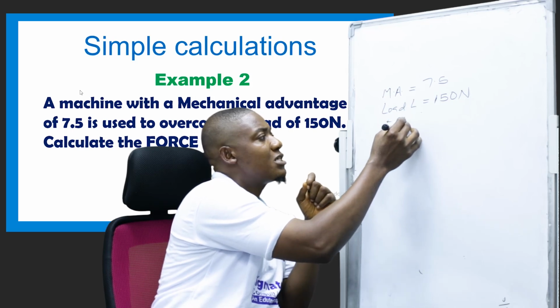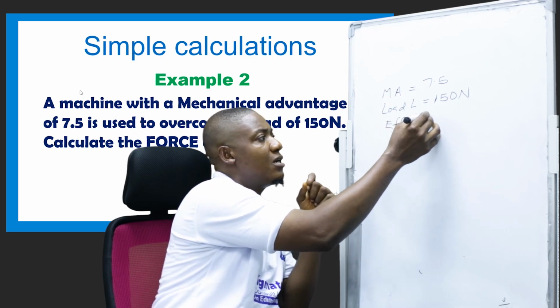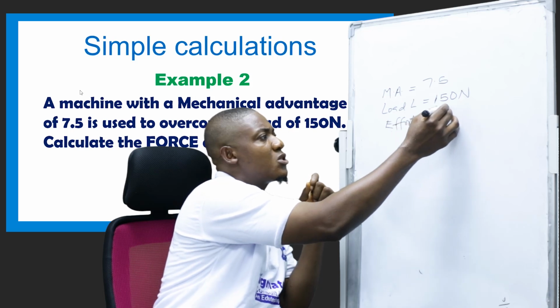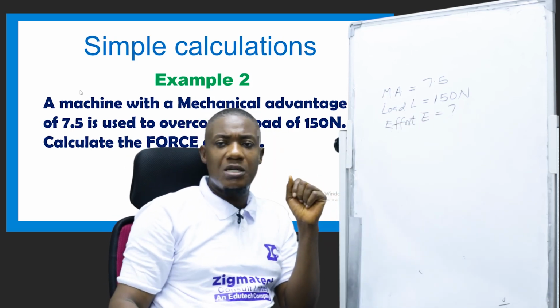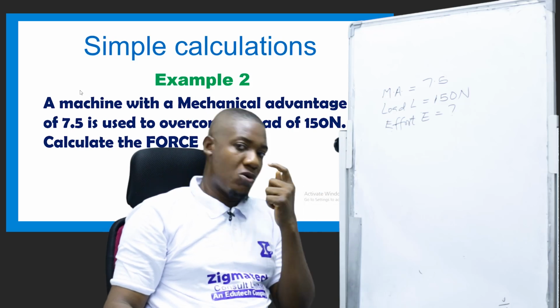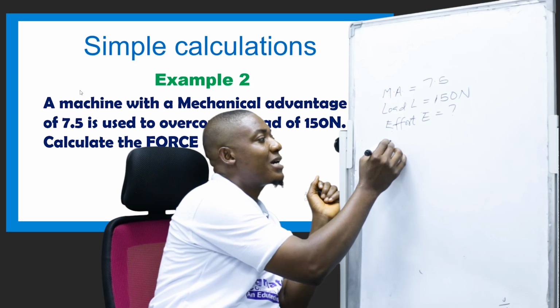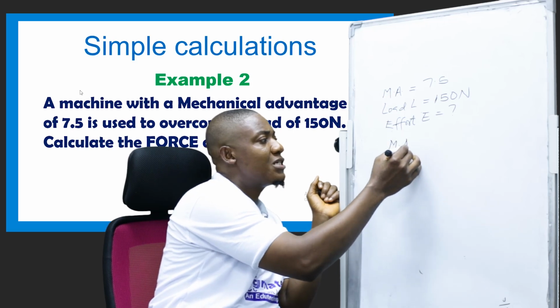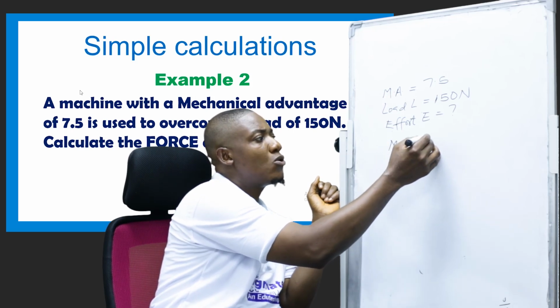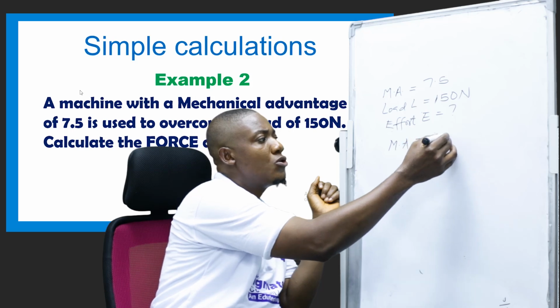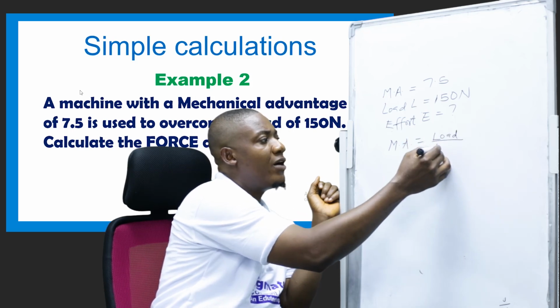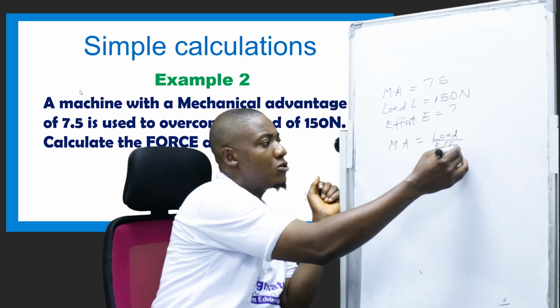So effort is the same as force applied. Effort E is what we are looking for. We don't know it, but we already know from what I told you that the mechanical advantage of a machine, MA, is equal to load all over effort.